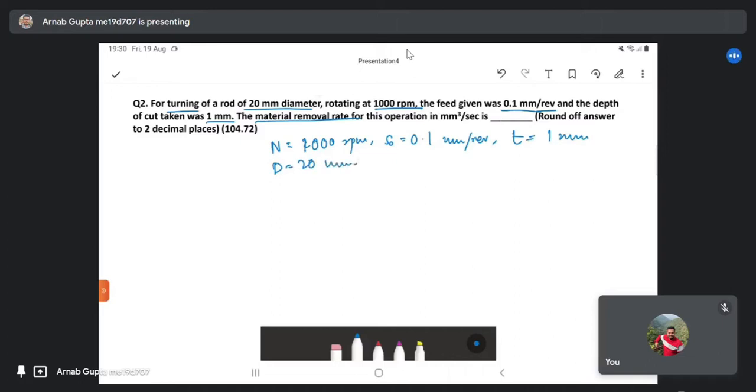You have to take care about the units as well as this diameter, whether it is written as diameter or radius, and accordingly you have to substitute the values. So you know MRR for turning operation.